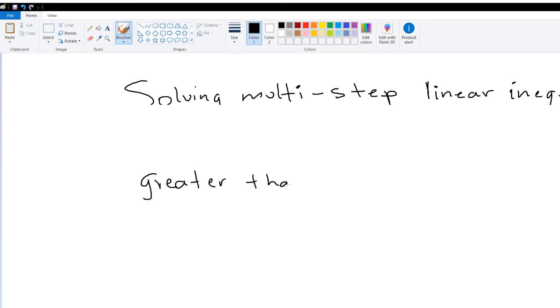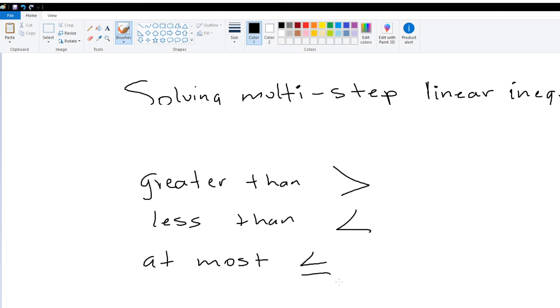Greater than, less than, at most, so at most would be something like less than or equal to. You can also often see this phrase here, no more than. All of these phrases refer to this inequality.